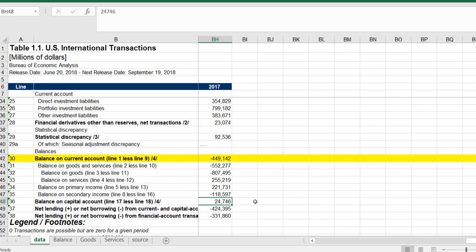The balance on the capital account is positive $24 billion, meaning that we receive, for example, more gifts than the ones we give out.